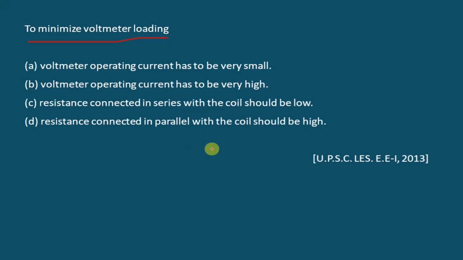Okay, so what is the sensitivity of a voltmeter? That is 1 by IFSD, or we can write it as R divided by V. So if the resistance is high, then the sensitivity is also high. If the I is less, the sensitivity is also high.